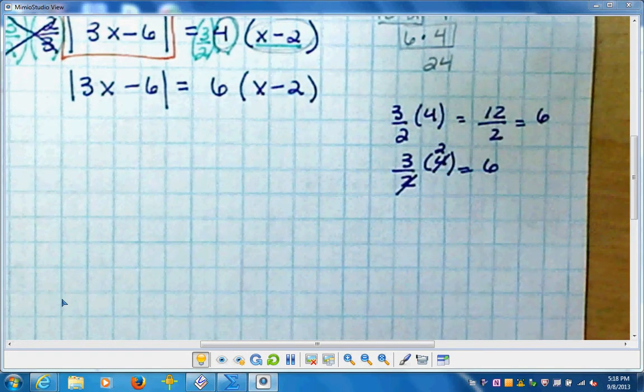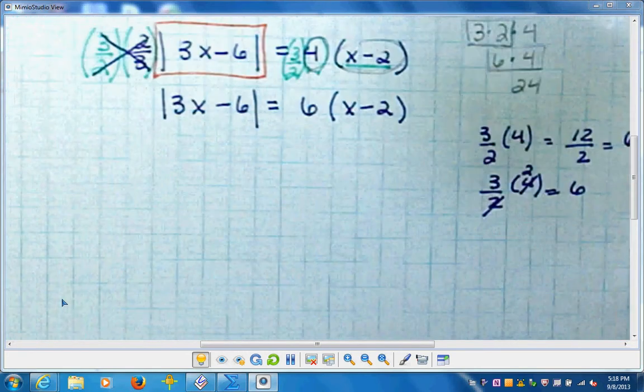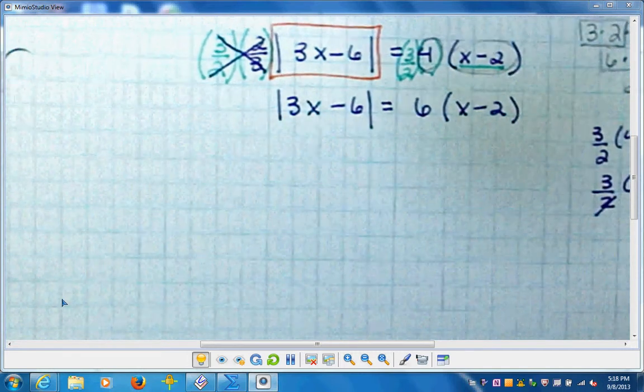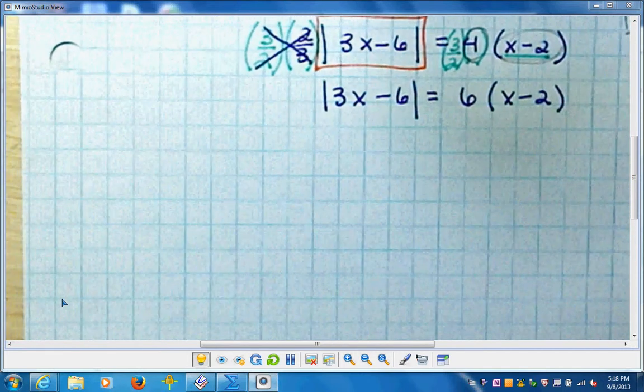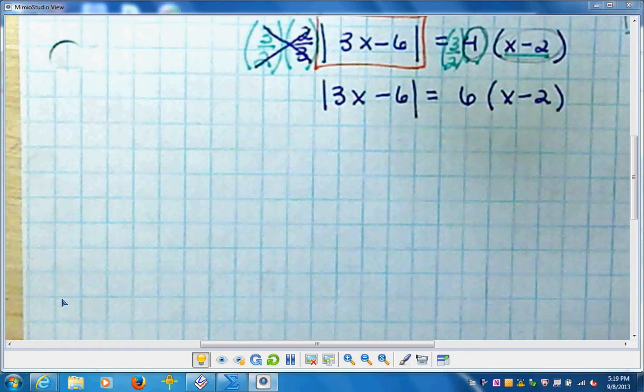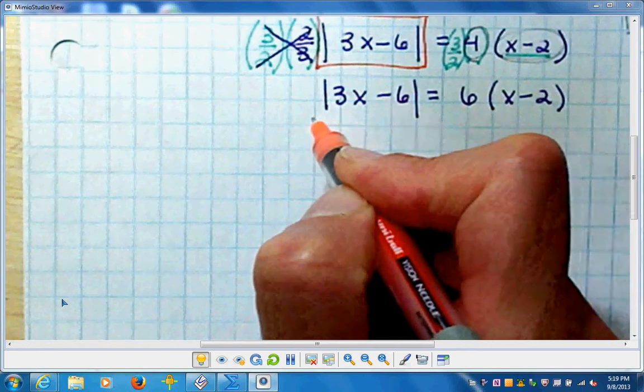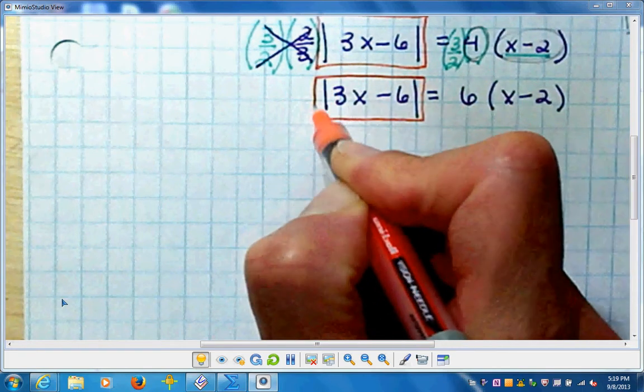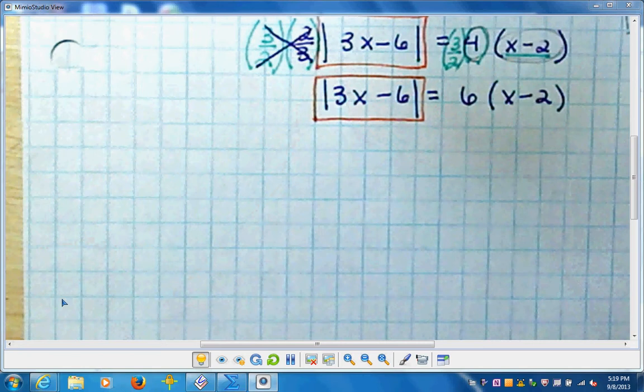Either way, it works. Okay, so now I have my absolute value by itself. Right here, all by itself. So now I can do branch 1 and branch 2.